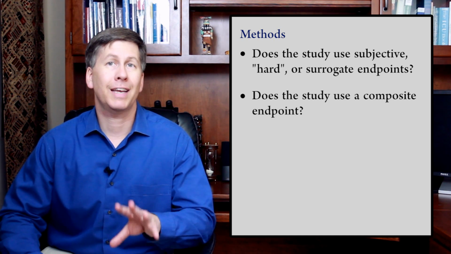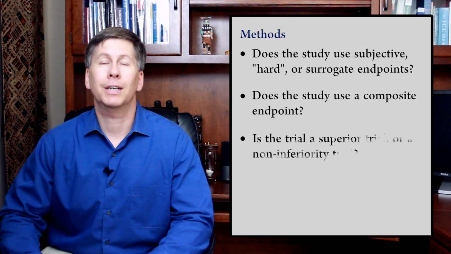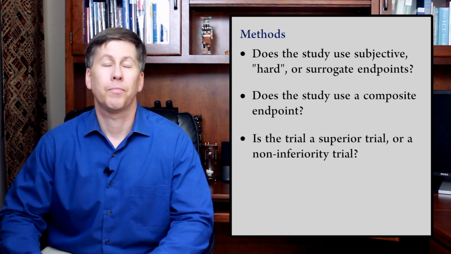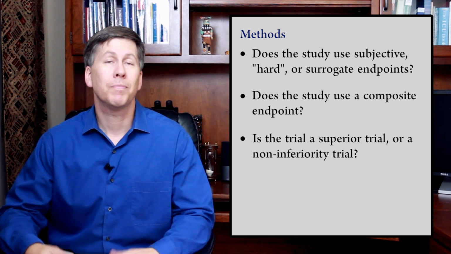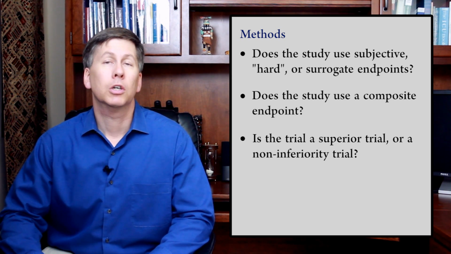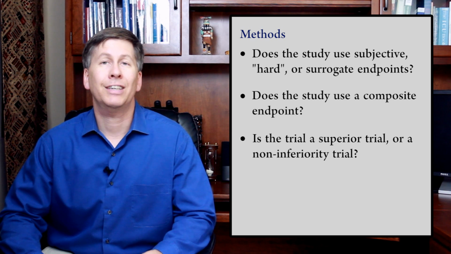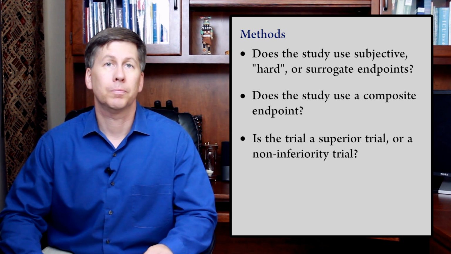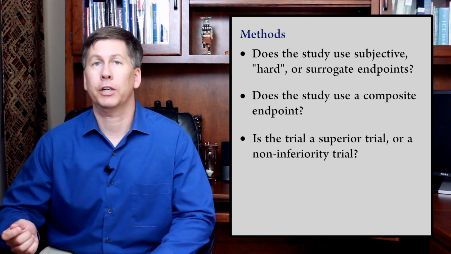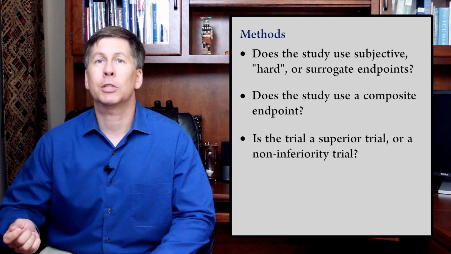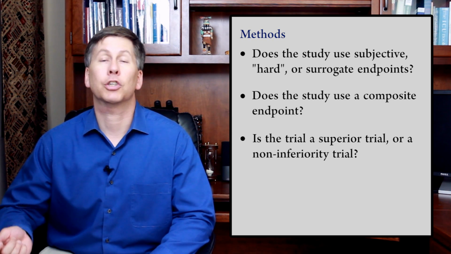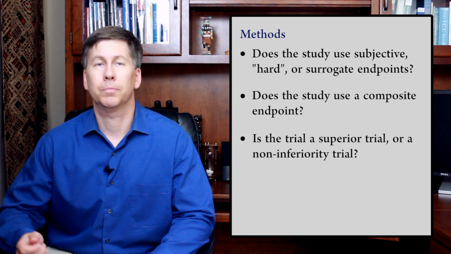Another question to ask in the methods is whether the trial is a superiority trial or a non-inferiority trial. So what's the difference between those? In a superiority trial, researchers are trying to demonstrate that the intervention works better than the control. And in a non-inferiority trial, researchers are trying to demonstrate that the intervention works either as good or better than the control.